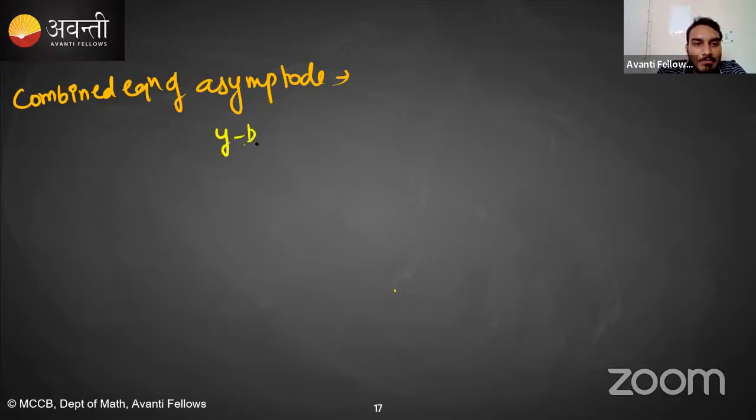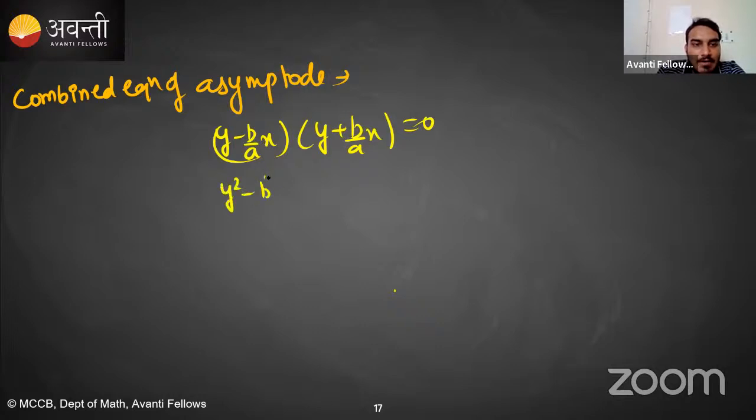So y minus b by a into x, y plus b by a into x is equal to 0, right? So this is a minus b, a plus b. So y square minus b square x square upon a square is equal to 0, right?